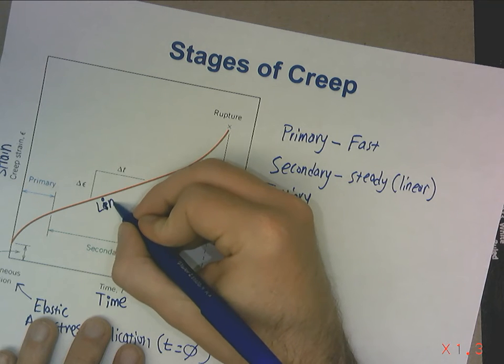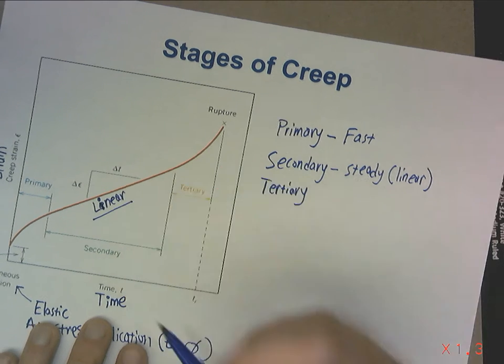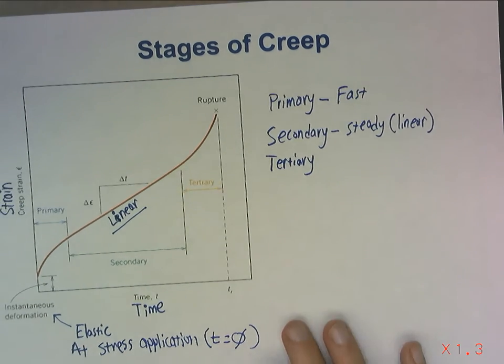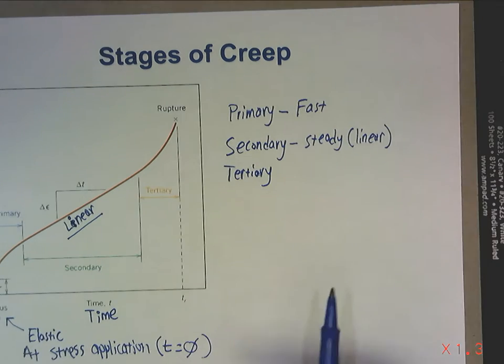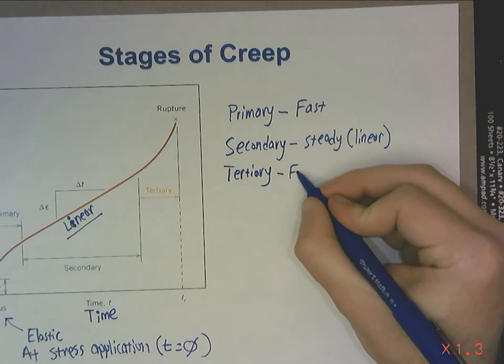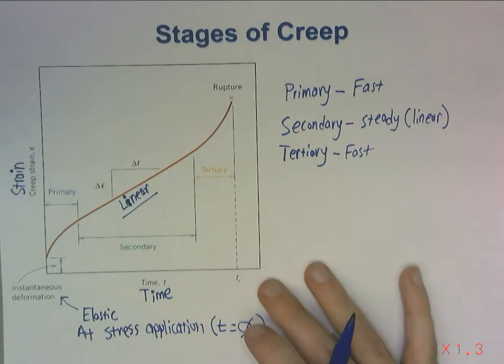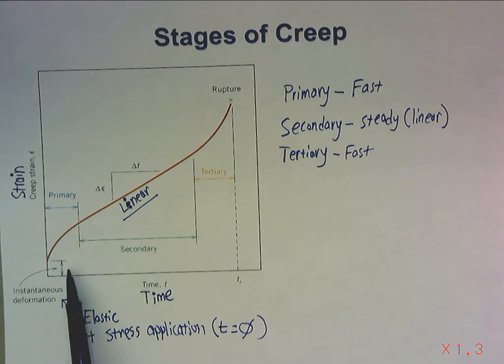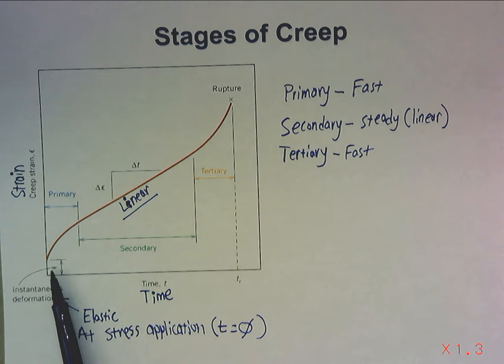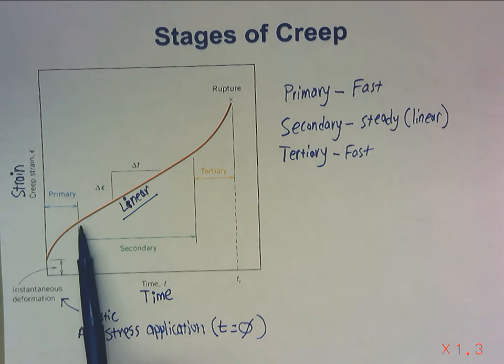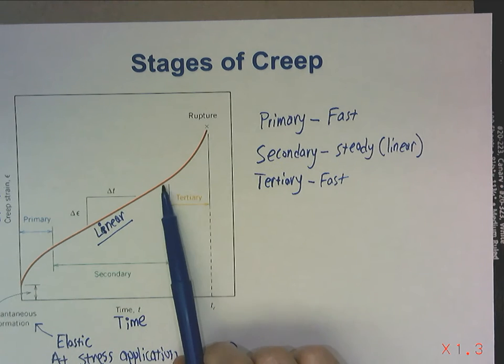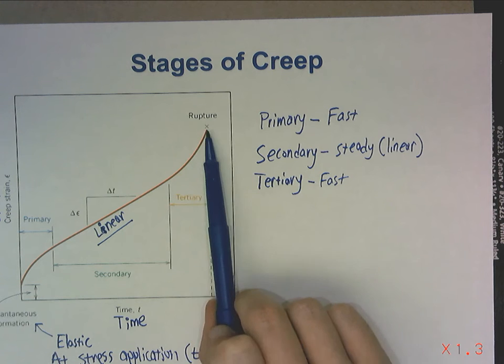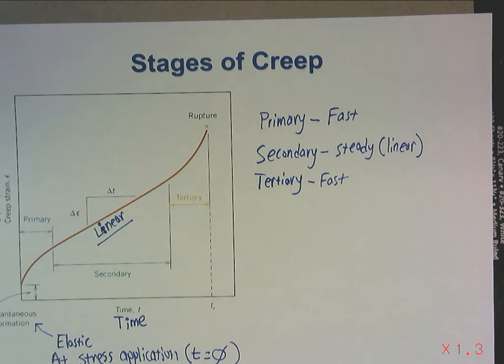There's a linear region that's secondary creep, and then tertiary creep again speeds back up. So we get a little bit of elastic beginning deformation. Primary creep starts off fast and then slows down into the linear region of secondary creep, and then as we get close to failure, we speed up in the tertiary region.